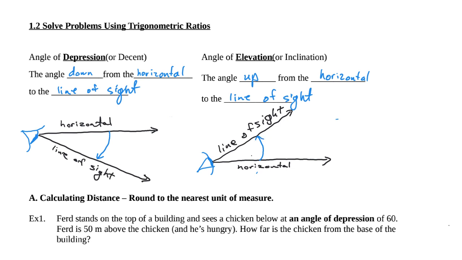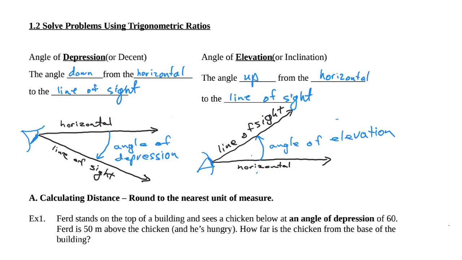We call this one the angle of elevation. And like before, that sweeping down on our previous graph, we're going to call the angle of depression. So remember, it sweeps down if it's the angle of depression, and it sweeps up if it's the angle of elevation. And remember, all angles are constructed from the horizontal.